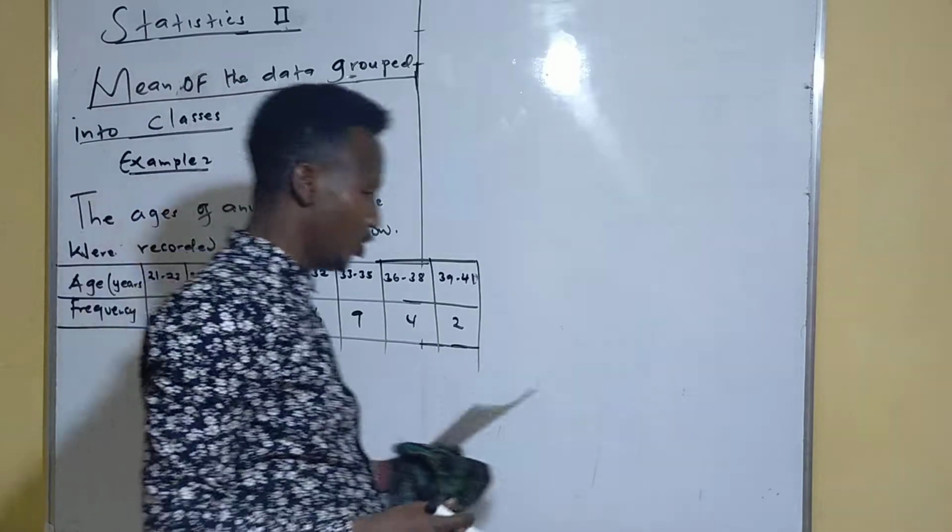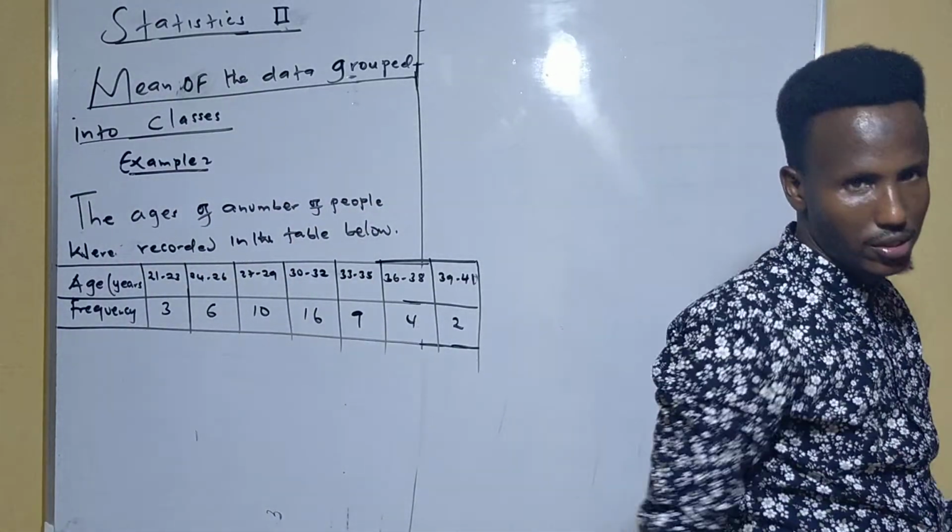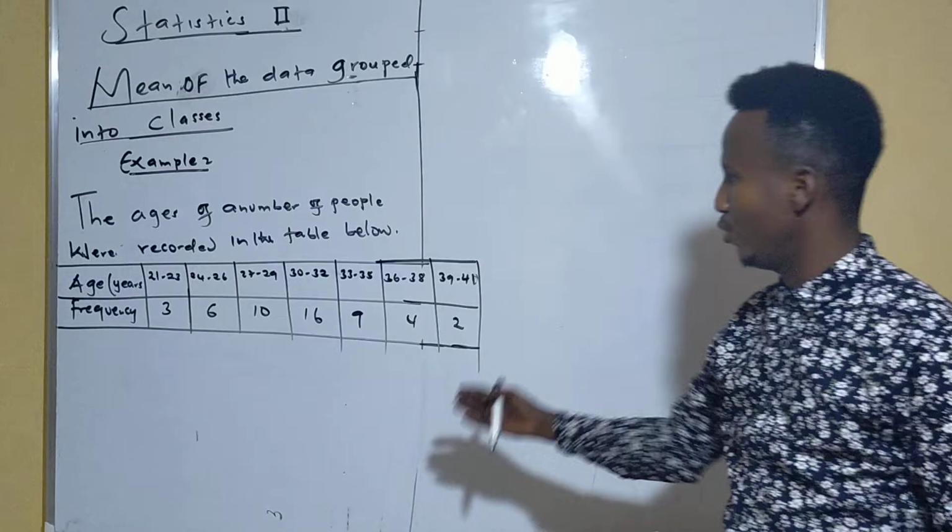As you can see, you are given a table which is horizontally placed with grouped data and frequency.